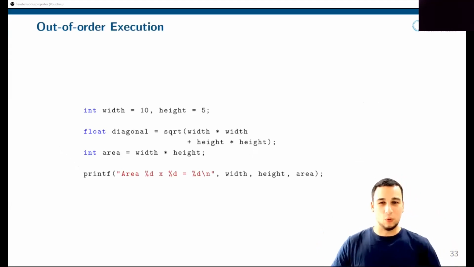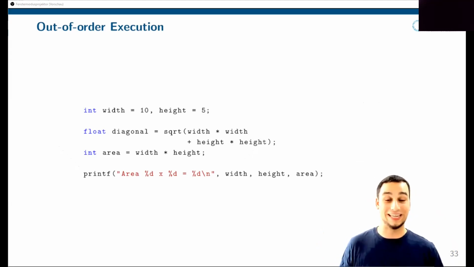And for that, we are back at out of order execution. It's out of order execution that already annoyed us with the timing measurements. But now we're going to exploit it. So if we, again, look at a simple example, now we are talking about compiler out of order, something that we can prevent with volatile.